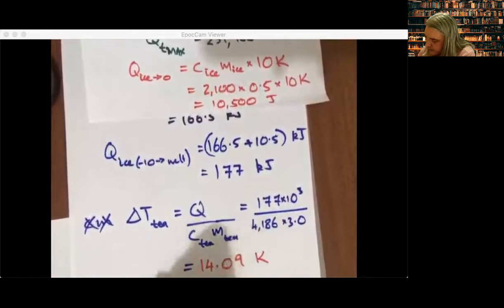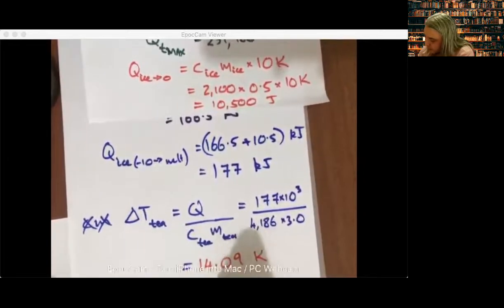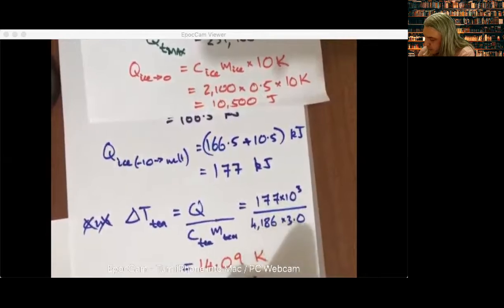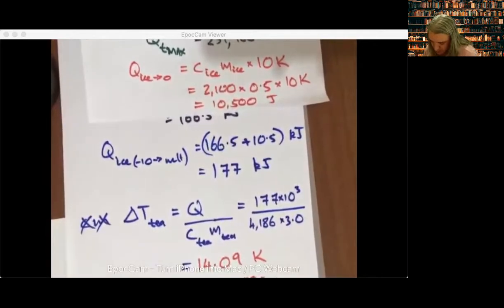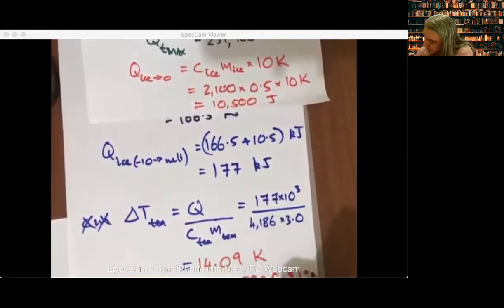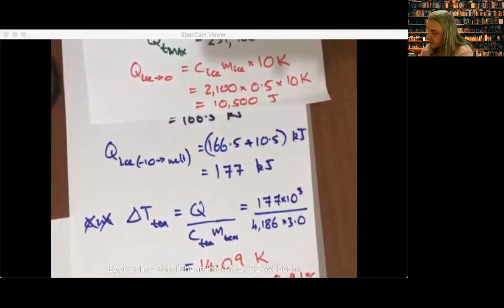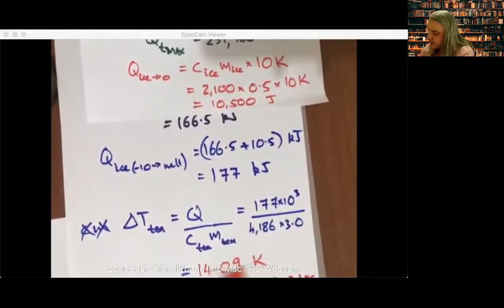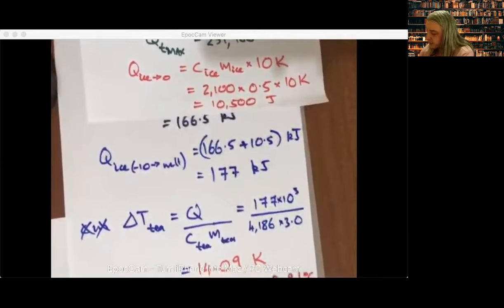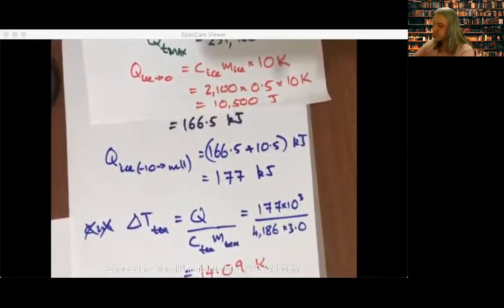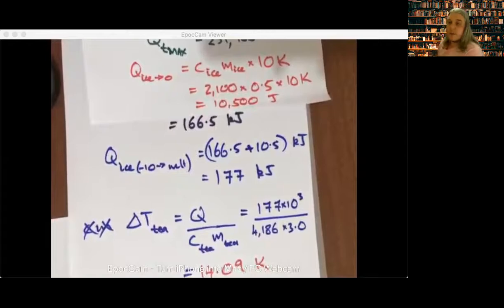So that means the temperature of the tea at this point, once the ice has melted but is still at 0 degrees C, is going to be 20 minus 14.09, which is 5.91 degrees C. We have to stick with Celsius now because it's an actual temperature, not a change. That was a change, and Kelvin and Celsius are the same for changes. This is an actual temperature, so we have to remember that this was Celsius. So we're at 5.91 Celsius.